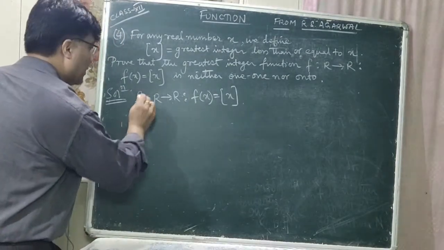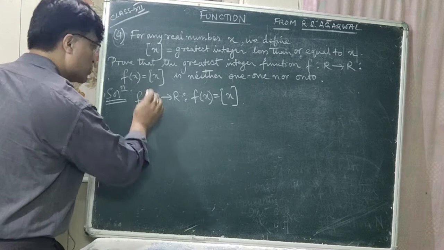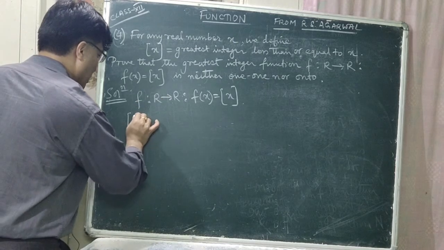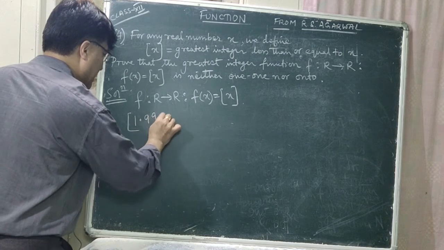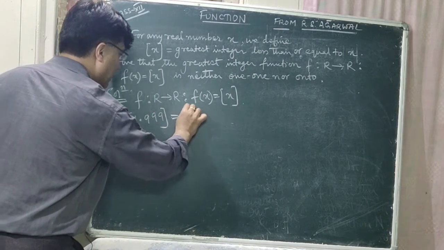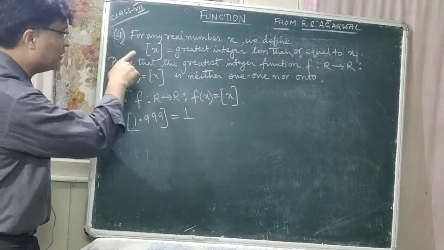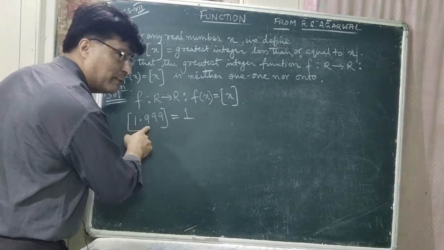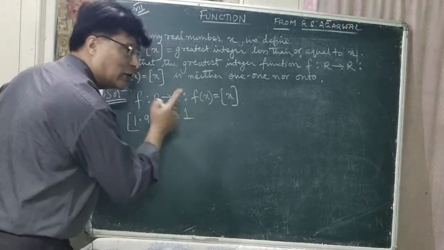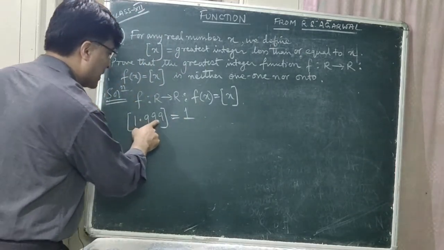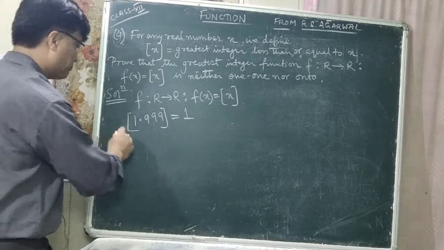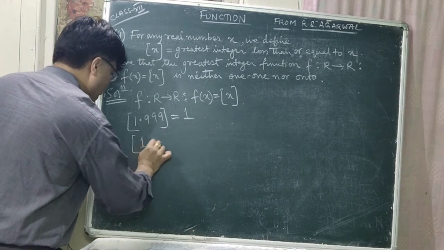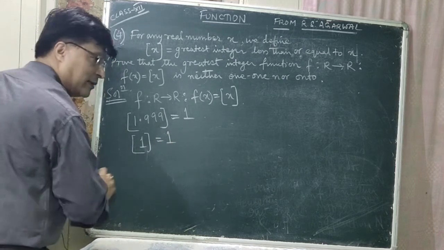Okay? So if you put, suppose, if you put 1.999, you will have 1. Isn't it? By definition. That is within third bracket. If you write 1.999, it means that greatest integer which is less than 1.999. That is your 1. Okay? You may have 1 is equal to 1. Okay?